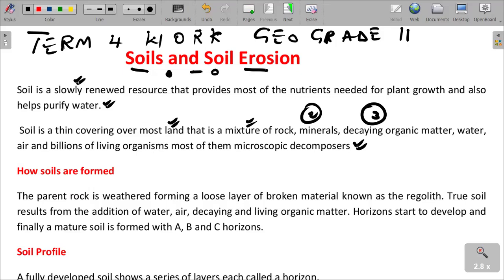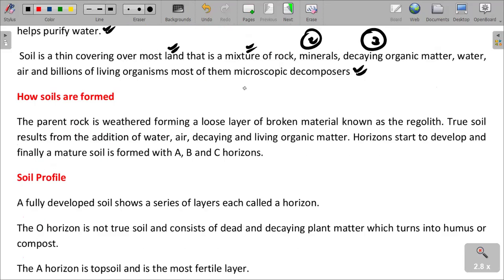We also have water in the soil, the underground water. We also have air because of soil aeration. Soil particles have gaps between them, pore spaces, which provide air in the soil, which is also very important for the survival of these microscopic decomposers that we are talking about.